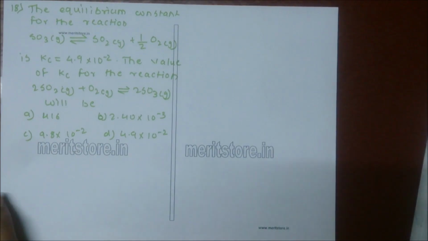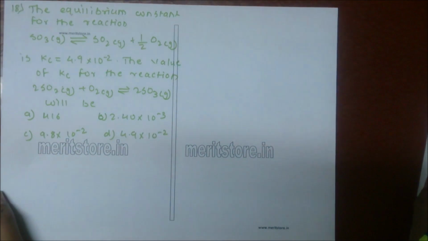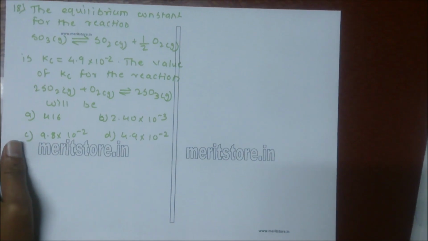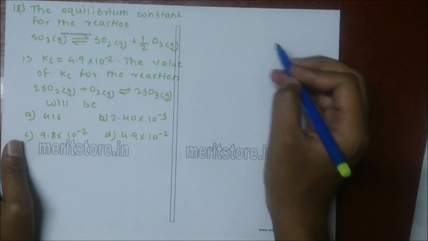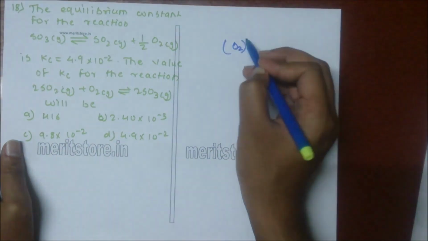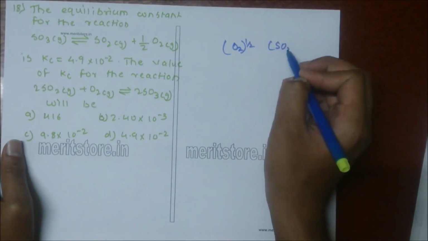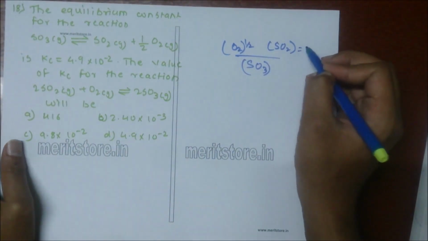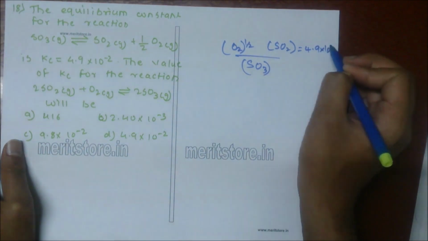The equilibrium constant for the reaction SO3 giving SO2 plus half O2 is Kc 4.9 into 10 raised to minus 2. The value of Kc for the reaction 2SO2 plus O2 giving 2SO3 will be? So for the given reaction we can write the Kc value as [O2] raised to half into [SO2] divided by [SO3], which is equal to 4.9 into 10 raised to minus 2.